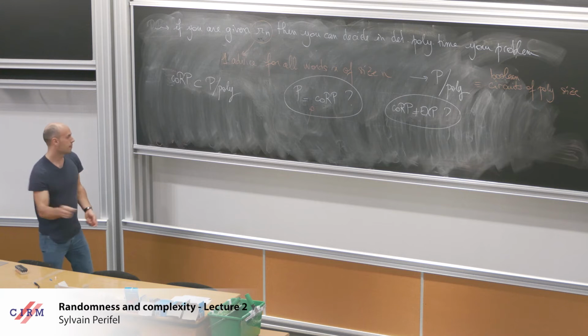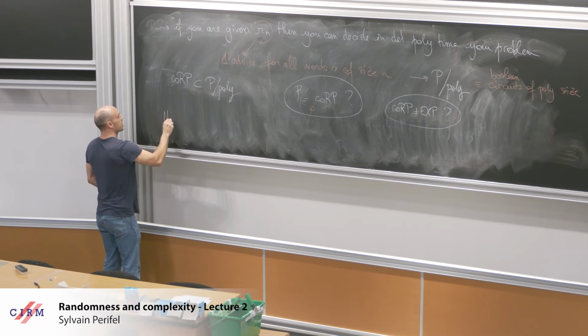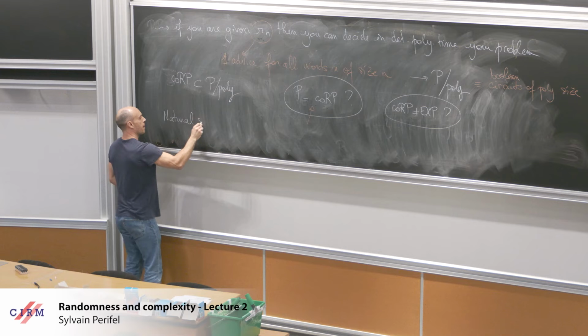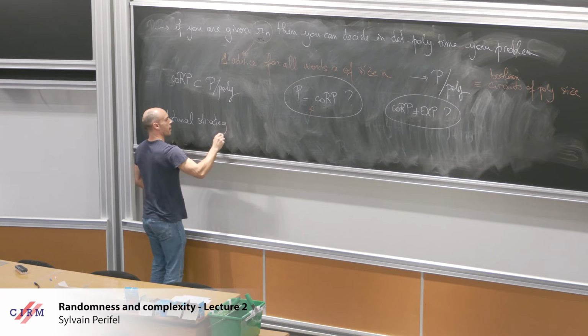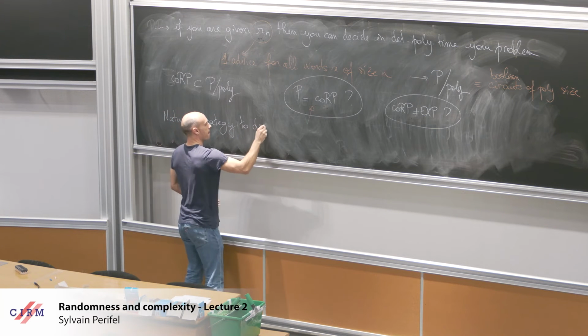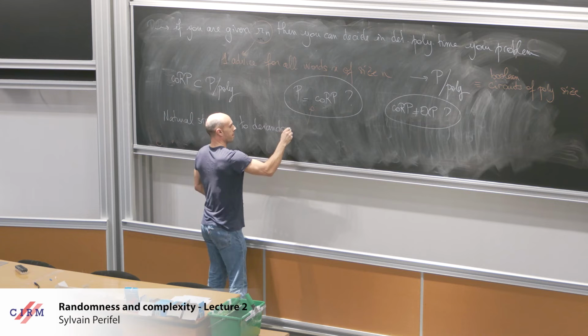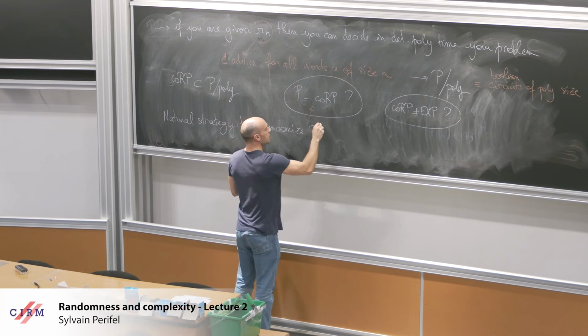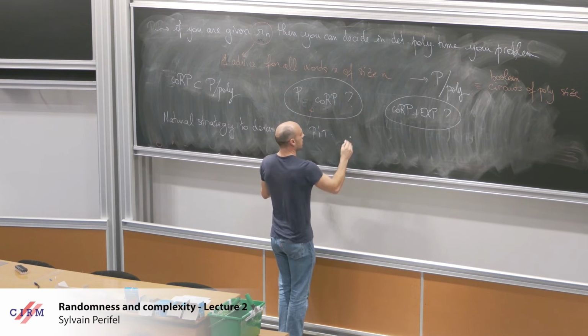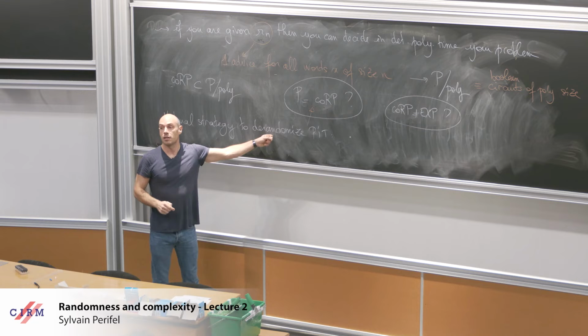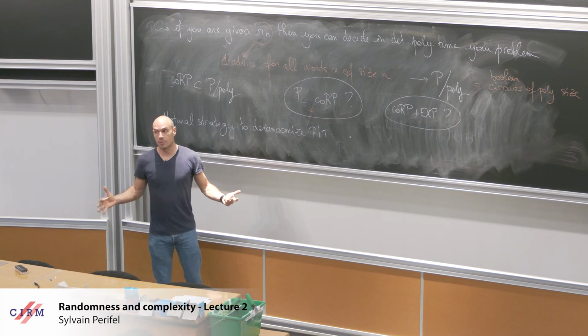Remember PIT. A natural strategy to de-randomize PIT. What it is, so de-randomize means find an equivalent deterministic polynomial time algorithm. Okay? So we want to remove randomness.